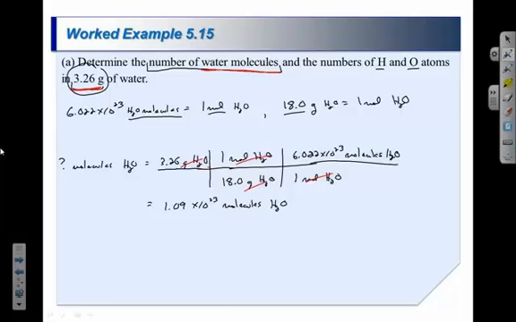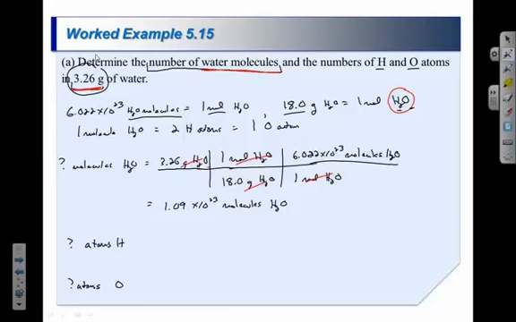So then, how do I figure out the number of atoms of hydrogen present and the number of atoms of oxygen present? There I can use the formula. The formula for a substance gives me relationships. It tells me for every 1 molecule, I've got 2 hydrogens. And for every 1 molecule, I have 1 oxygen. That's a relationship. 1 molecule of water is equal to 2 hydrogen atoms, which is equal to 1 oxygen atom in this particular substance with this specific formula.